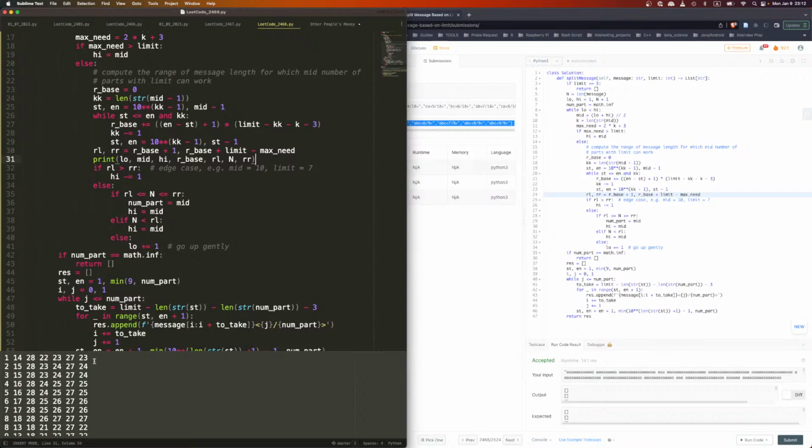That's your problem. 114. 14. R base is 22. RL is 23.